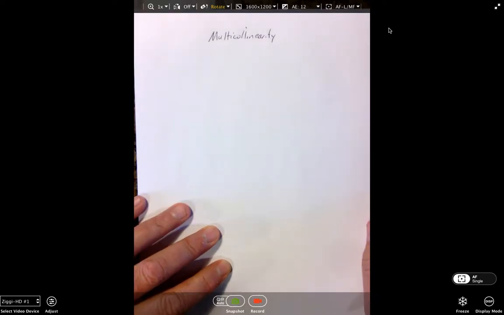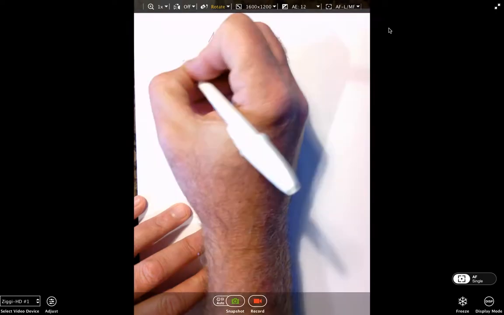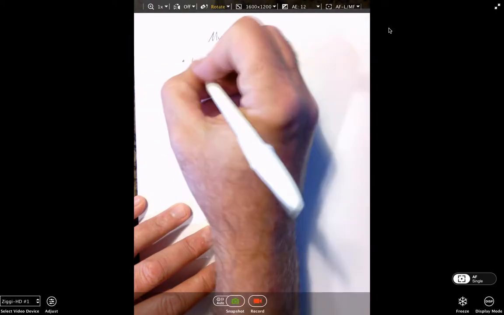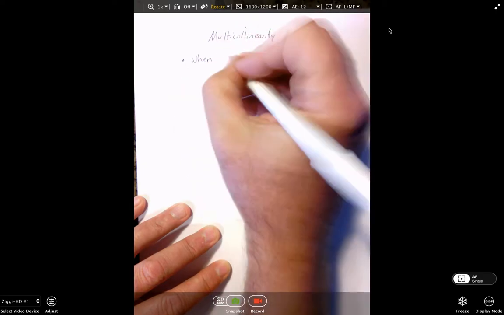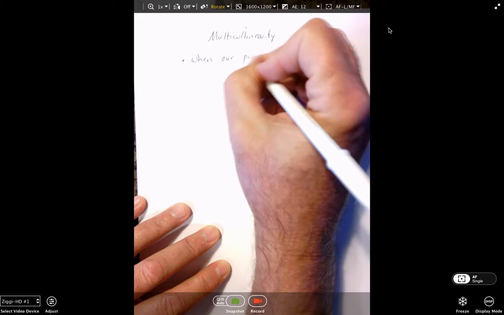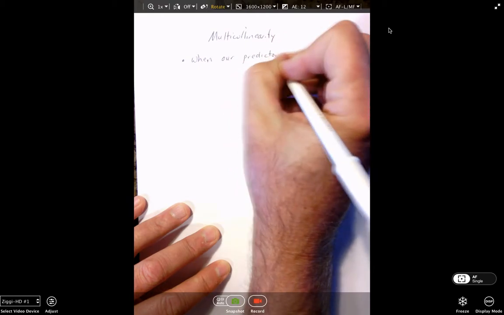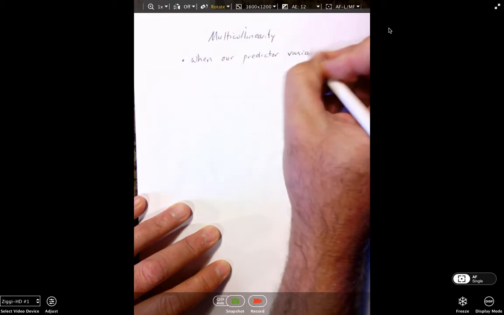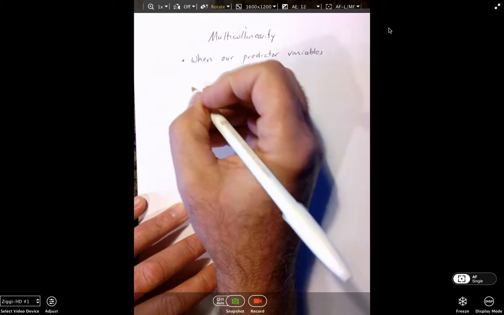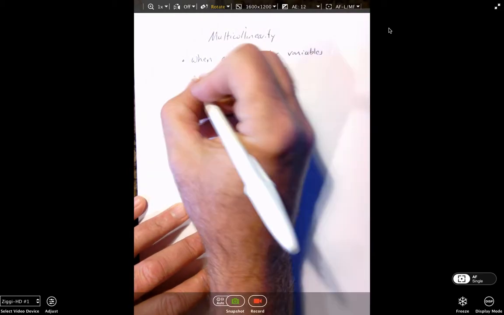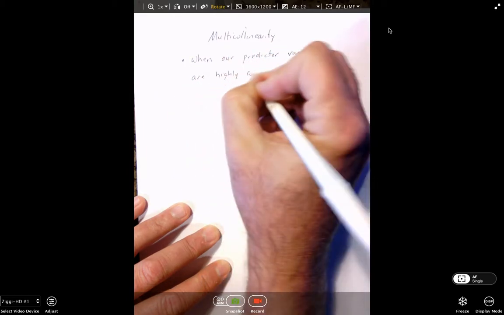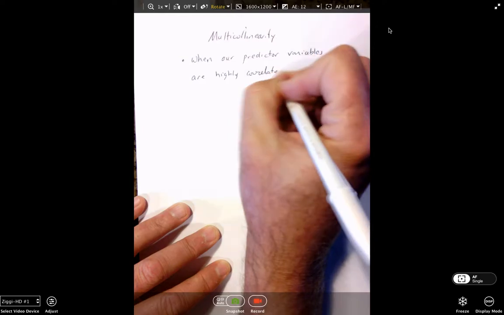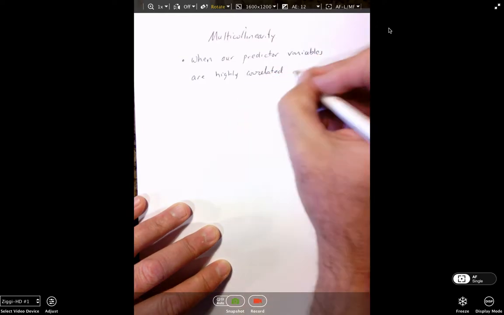And at the end of the day, multicollinearity presents itself when our predictor variables are highly correlated among themselves.